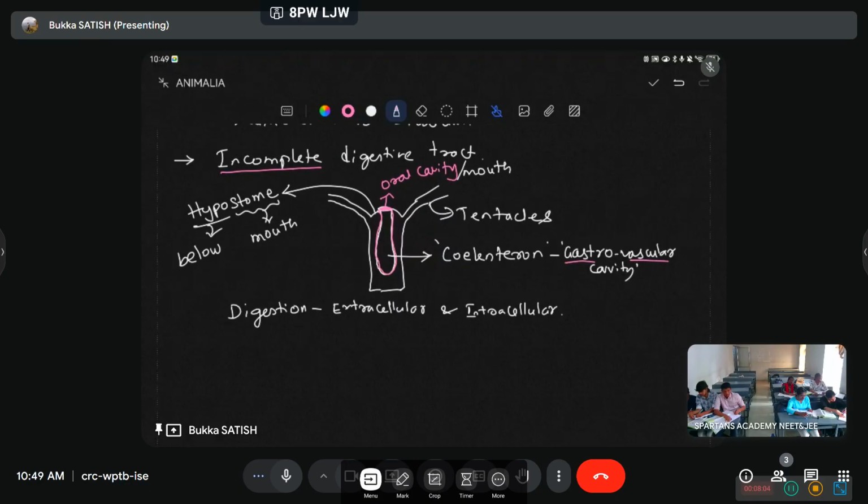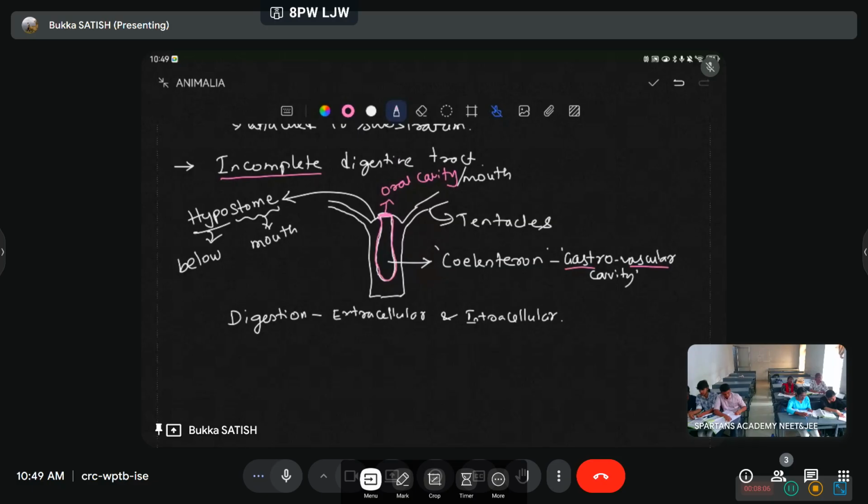Right. Next, another very important feature that these animals have is nidoblast. So when you see the body surface, as well as the tentacles, there are nidoblasts, also called nidocytes.